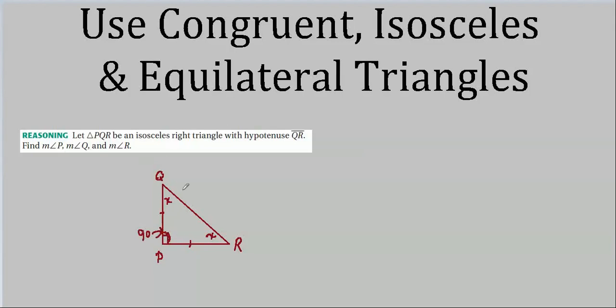Oh, definitely. All we have to do is write that 2x plus 90 equals 180. Or 2x equals 90. Or x equals 45. So this is a 45, 45, 90 right triangle.